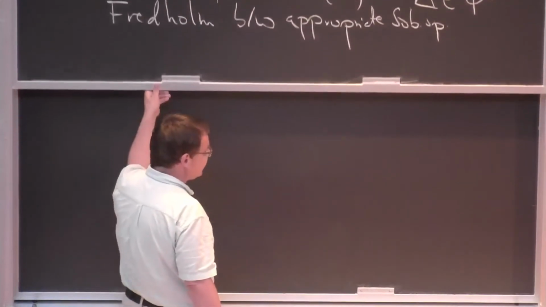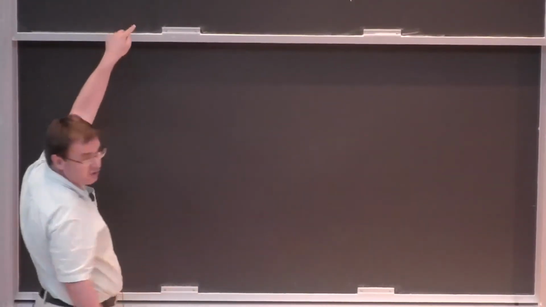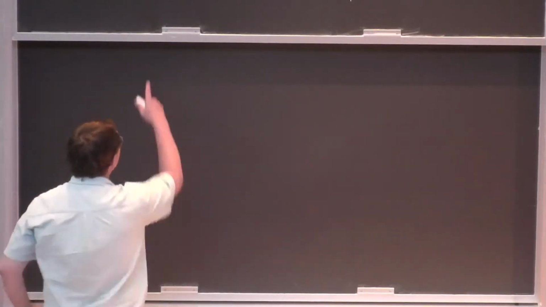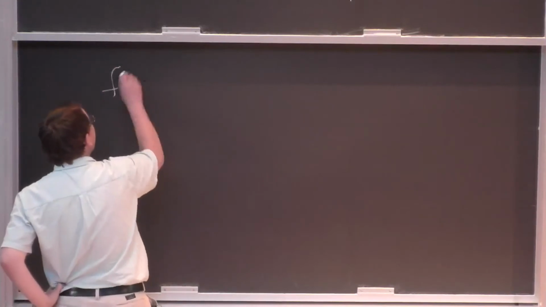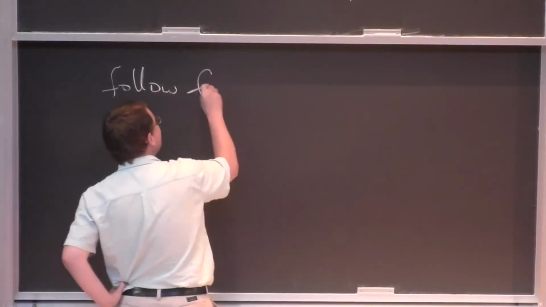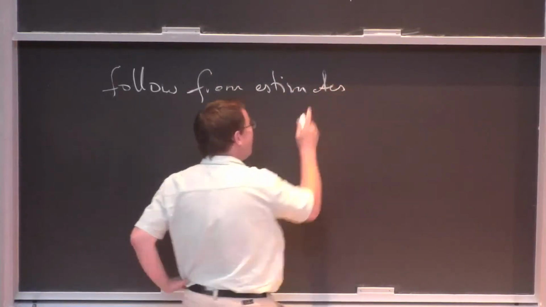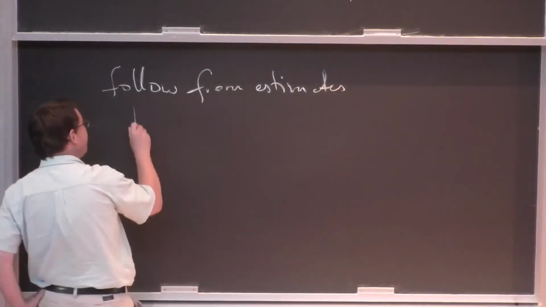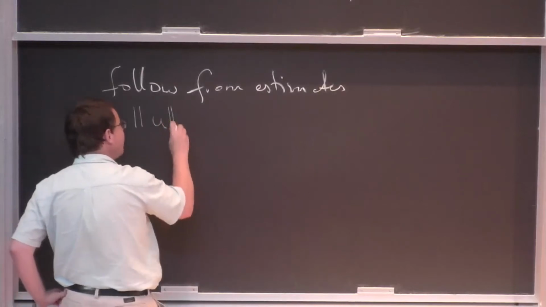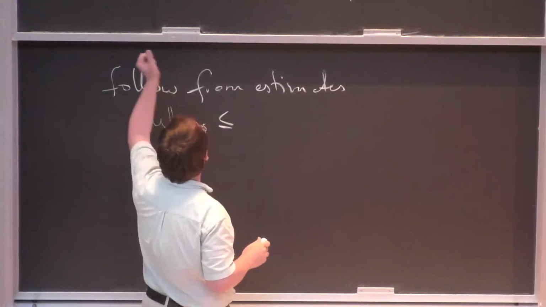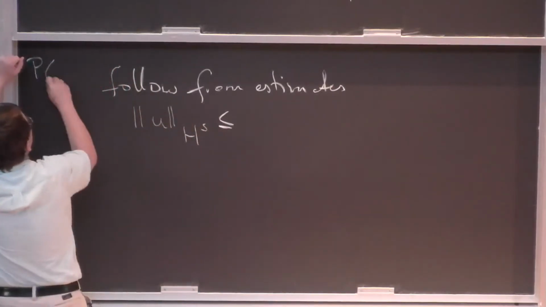So to get there, let me start by saying that this Fredholm estimate, Shuwen wrote this down in terms of parametrices. So this follows from estimates which look like, say, u in H^s is controlled by, I'm going to call my operator P in psi m.